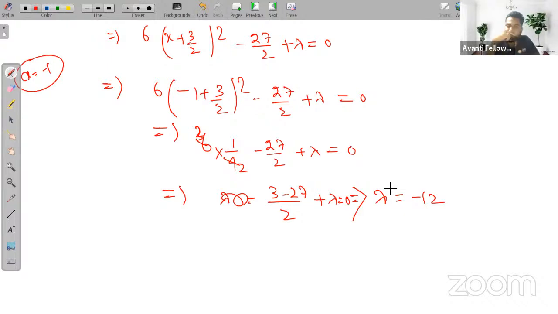Let's check. Just a minute. Let me check again. So 3 by 2 minus 27 by 2, that is 3 minus 27 plus 12, no? Yes, sorry. So lambda becomes 12.